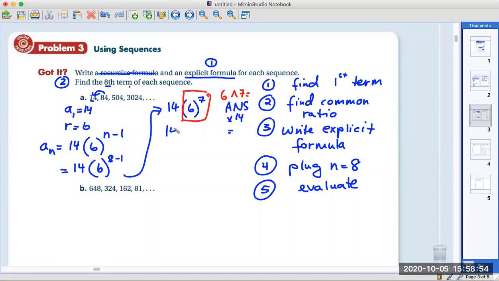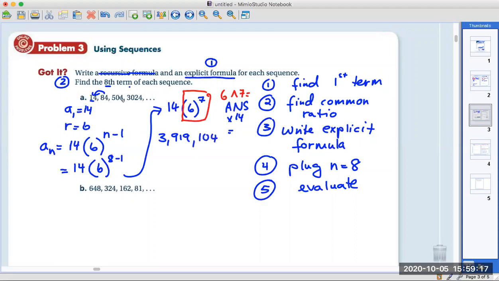So 14 times 6 to the power of 7 is, oh, I wrote the whole thing. I gave you the whole answer. It's going to be 3,919,104. Wow.